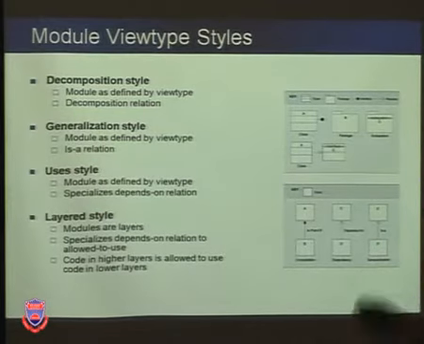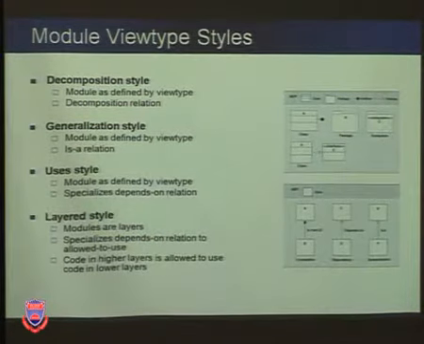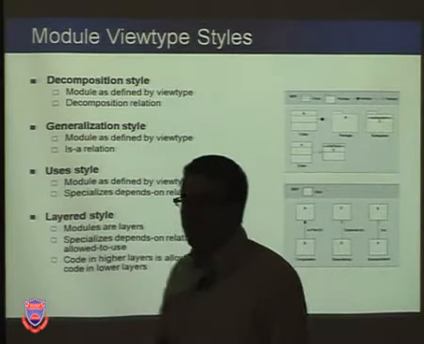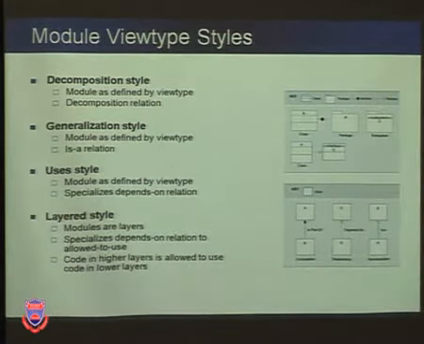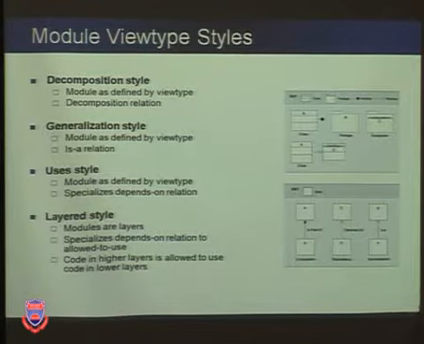The module view type is the complete set. If you take a style, you put some constraints. You specialize the view type. So it's not like in the IEEE standard where we have viewpoint, view. But here we have view type, style, view.